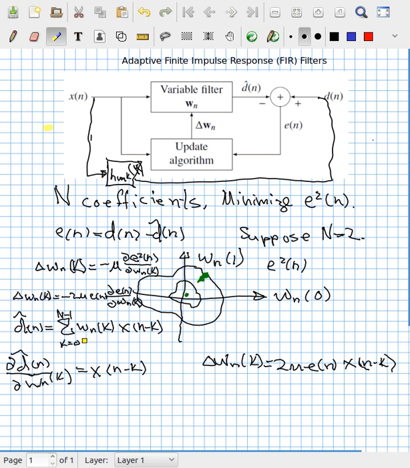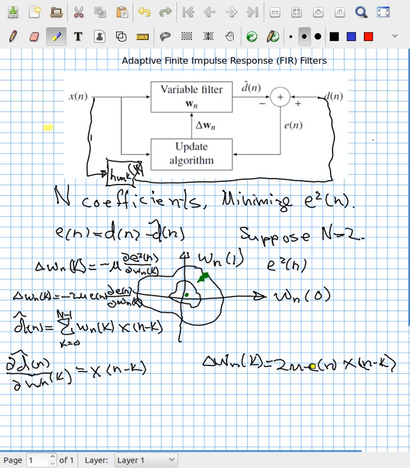All the other w's, the derivative of w1 with respect to w2, is 0. So the derivative of d hat with respect to w sub n of k is x of n minus k. Then the derivative of minus d hat is minus x of n minus k, and that minus will cancel out the negative in front, so I get delta w sub n of k equals 2 mu e of n x of n minus k.